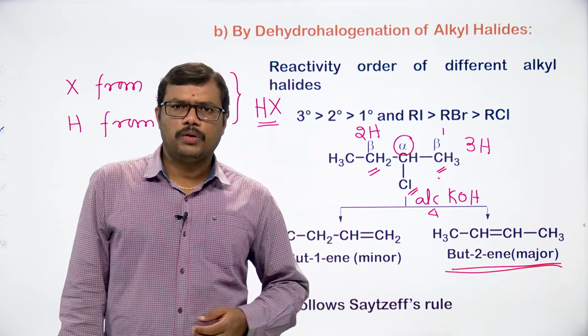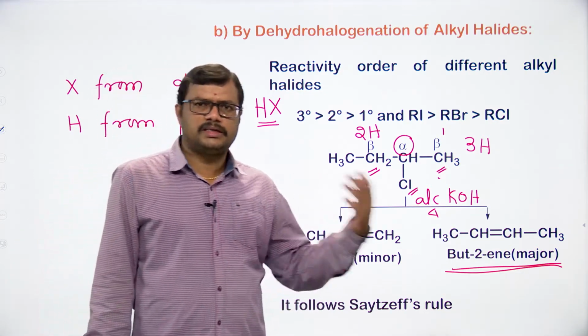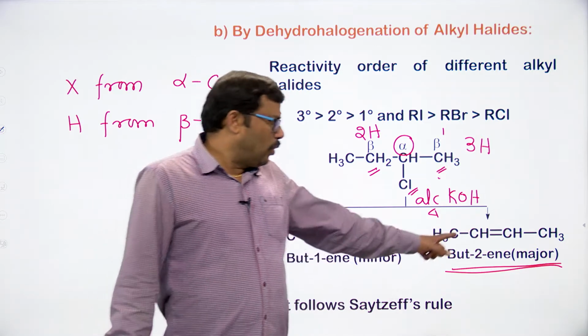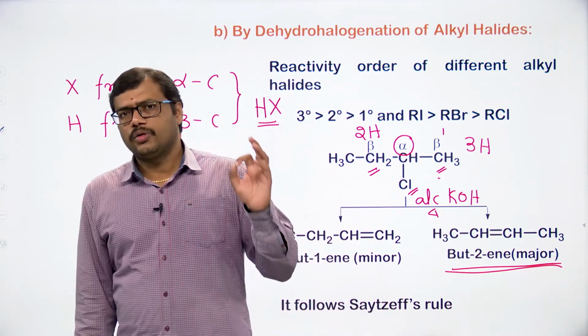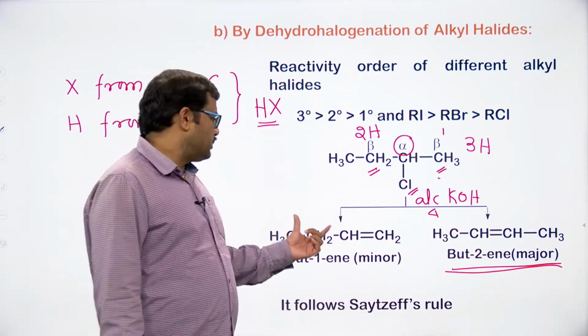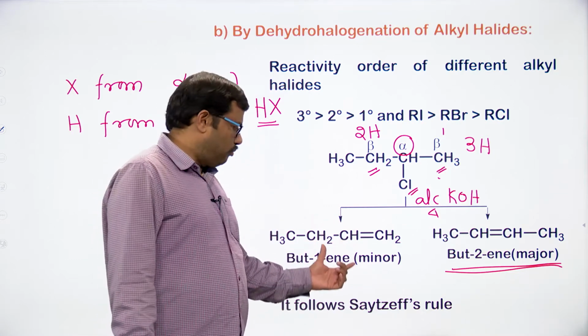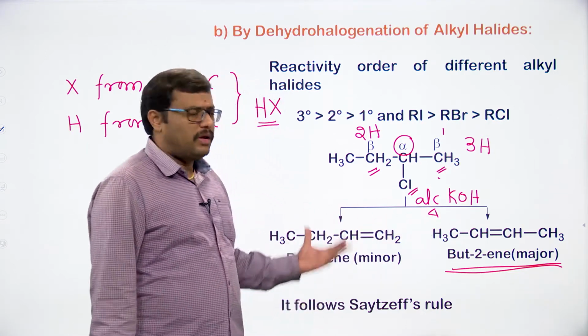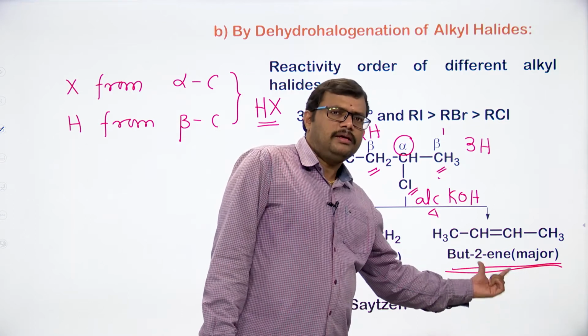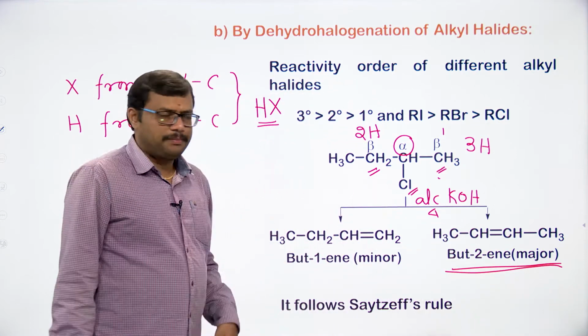So in Saytzeff reaction conditions, the more substituted alkene is always formed, whereas the less substituted alkene is the minor product. Of course both will form, but the major portion will be this compound compared with the other one.